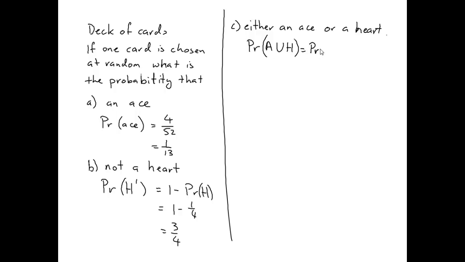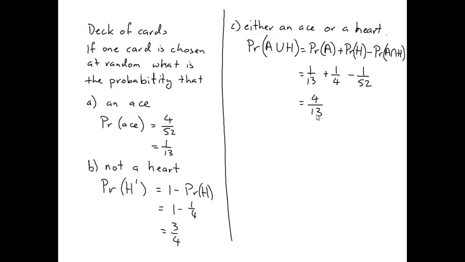That's going to be the probability of an ace plus the probability of a heart, but there's also going to be the ace of hearts, so minus the probability of the intersection. Every 1 out of 13 is an ace, every 1 out of 4 is a heart, but there is 1 ace of hearts that we're not counting. So we end up with 4/13.